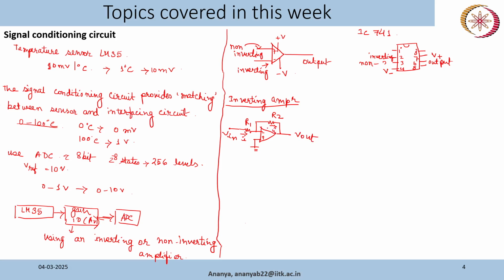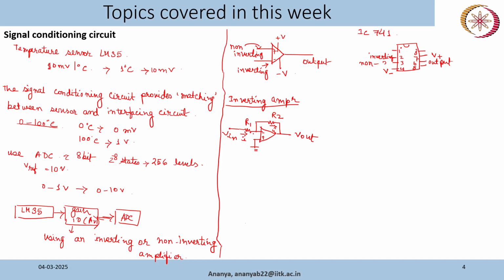Now we know that the op-amp has very high input impedance, so no current flows between these terminals, inverting and non-inverting. So the potential at these two points is the same.